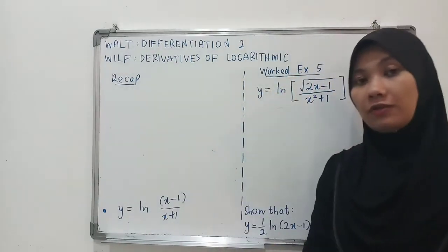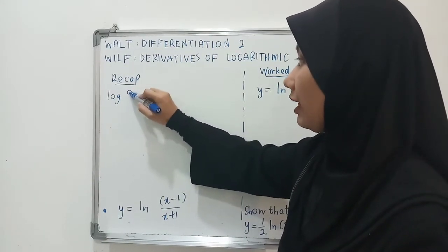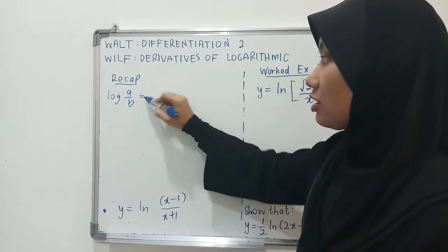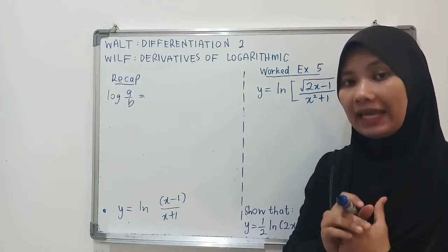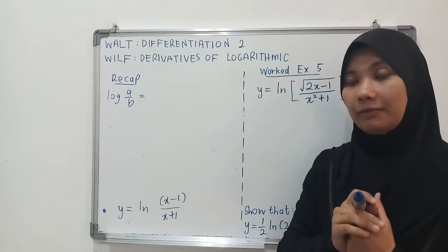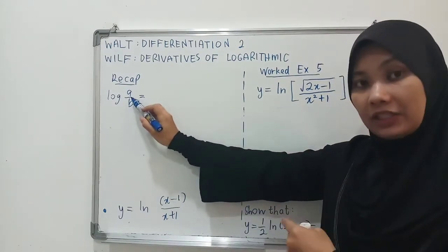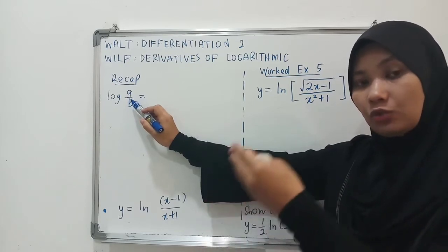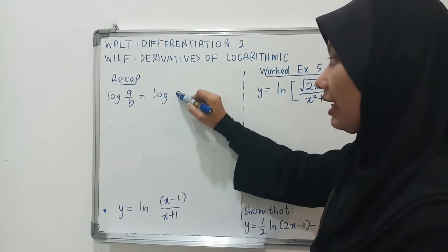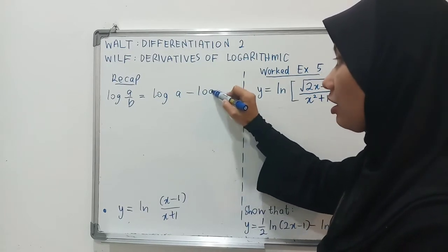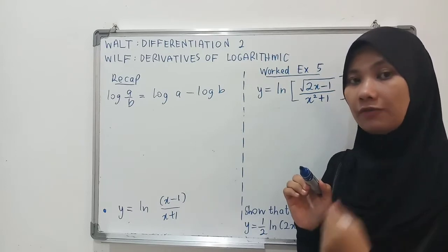According to the laws of logarithm, if you have log of a over b, how do you separate a and b into two terms? Remember, division changes to subtraction. So it's just log a minus log b. This is a recap of the laws of logarithm.